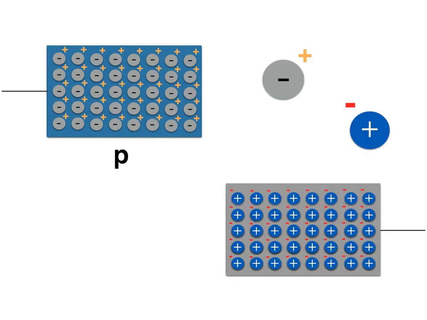Similarly, for the N material, you've got negative charge carriers, i.e. electrons, that are free to move around. To explain my notation here, the picture of the gray circle with the minus sign is essentially everything contained in the atom, the nucleus but also all of the electrons, but then there's an extra electron in this p-doped material that creates a free hole that can move around.